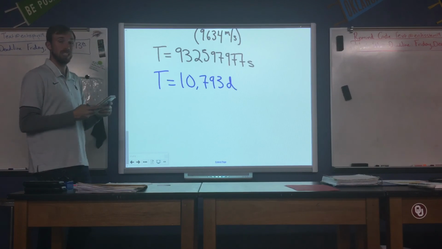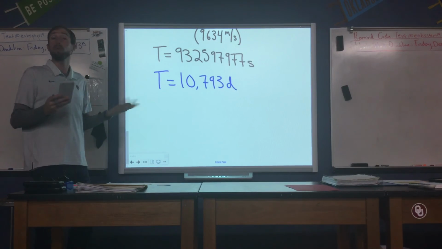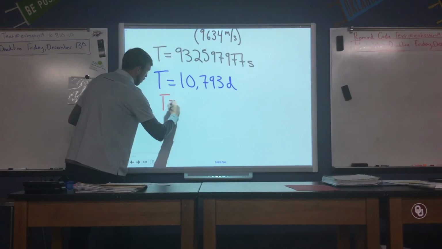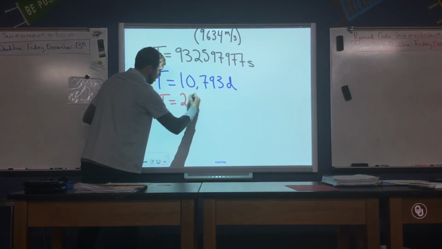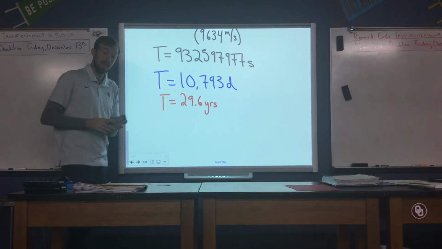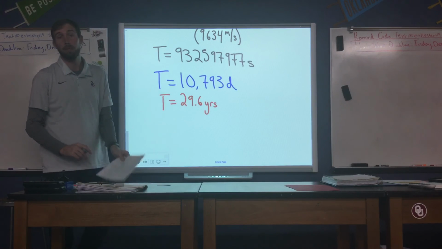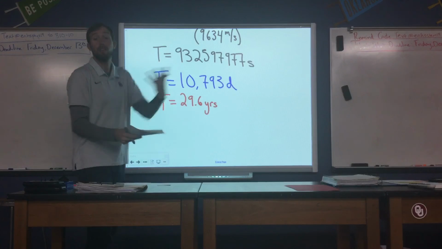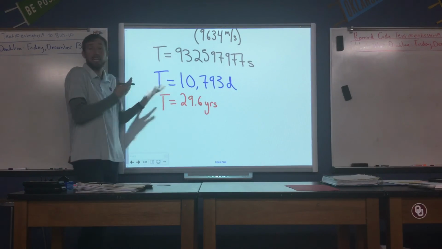You will divide that by 365, because there are 365 days in a year. Now I get a value of 29.6 years, meaning that it would take Saturn roughly about 30 years to make one orbit around the sun, which is right about the value that we can actually just look up.